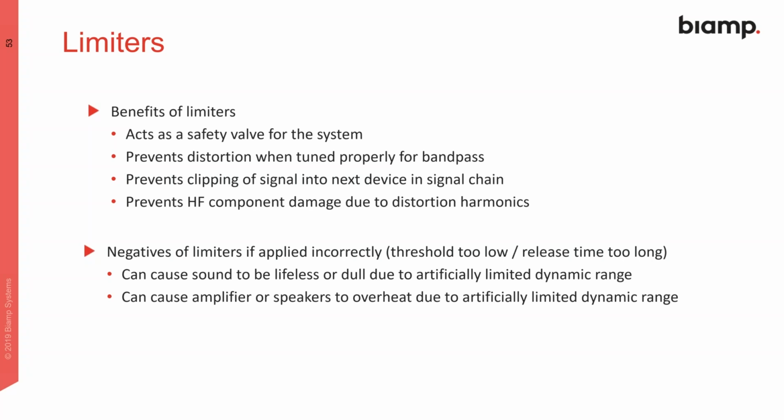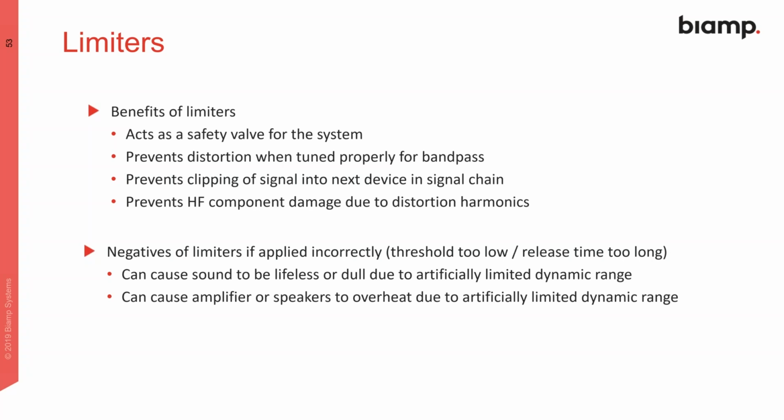Limiters also prevent high frequency component damage due to harmonics and distortion, and we'll take a look at those in a second. Some negatives of a limiter: it can cause your sound to be really dull and over compressed if you just artificially squash it too much, set your threshold too low, or set a multi-second release time that never lets go.